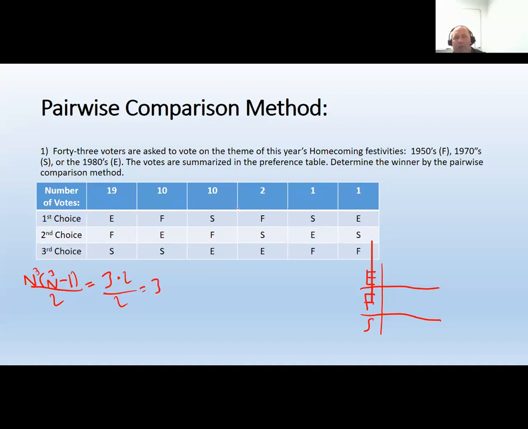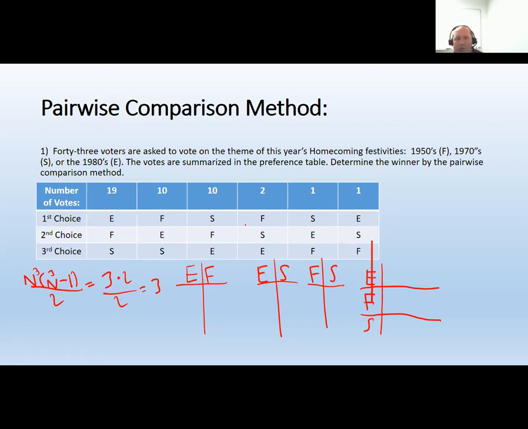So we need to make 3 comparisons in this election, and we'll make 3 tables. We're comparing each candidate head-to-head with all the others. We start by comparing E with F, then E with S, and then F with S.